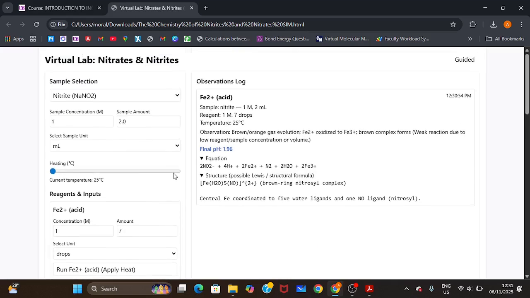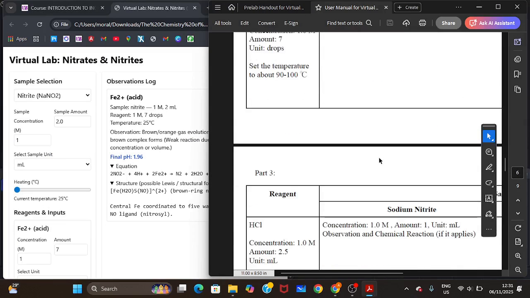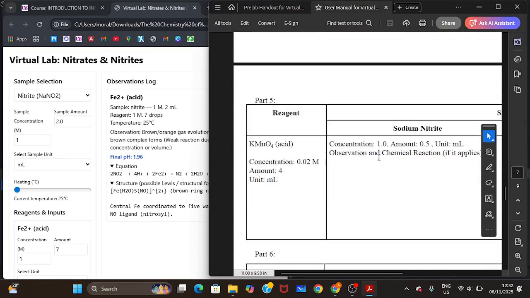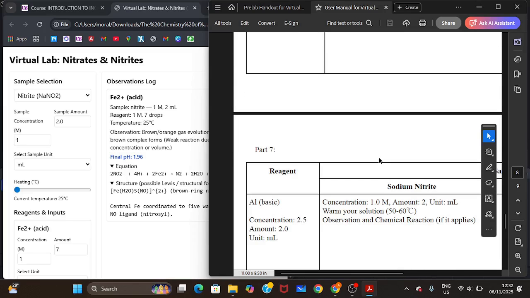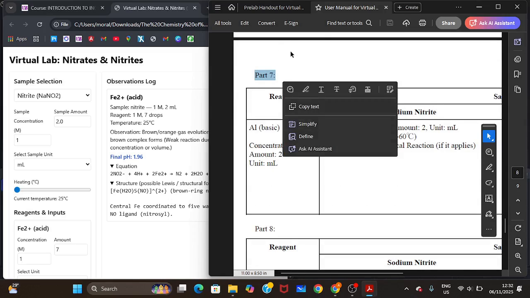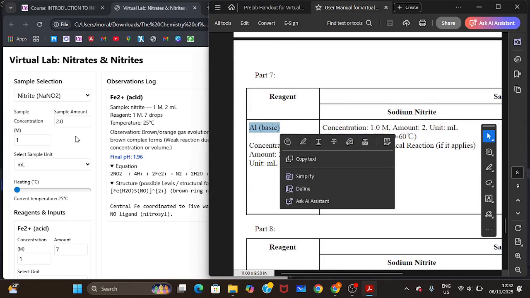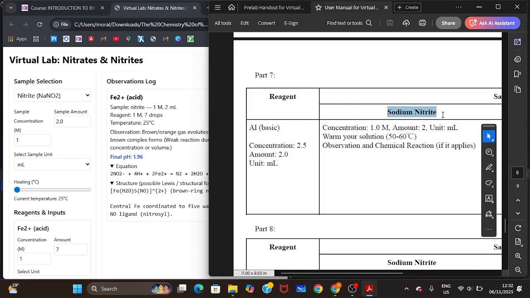Okay, so let's do another example for you guys, just so you guys can see it. Let's pick a different one. Let's use this one, part 7. Okay, so for part 7, you're being asked to react aluminum in a basic solution with sodium nitrate.